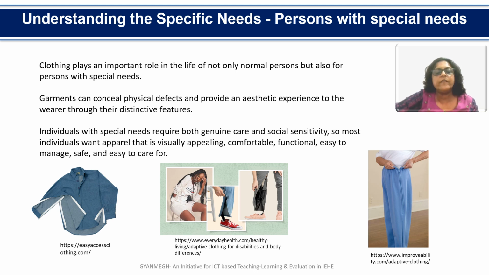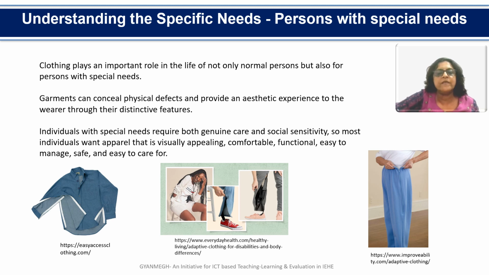Individuals with special needs require both genuine care and social sensitivity. So most individuals want apparels that are visually appealing, comfortable, functional, easy to manage, safe and easy to care for.